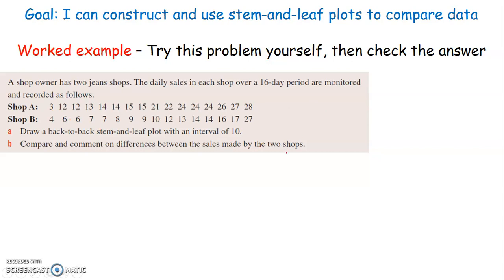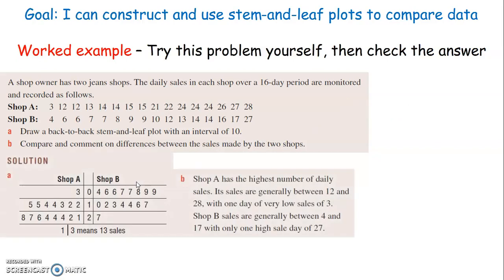Okay, so our key we can create for this is 2 | 8, which means 28. Okay, and interval 10, so in the middle of our stem, here we have the 1s, then we have the 10s, then we have the 20s. Okay, and then we just create the stem and leaf plot.